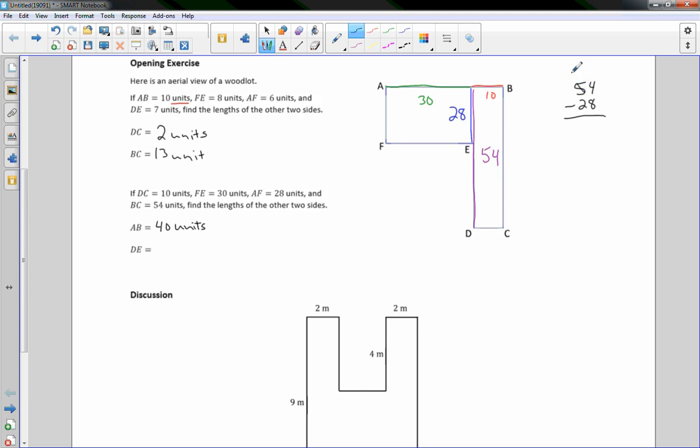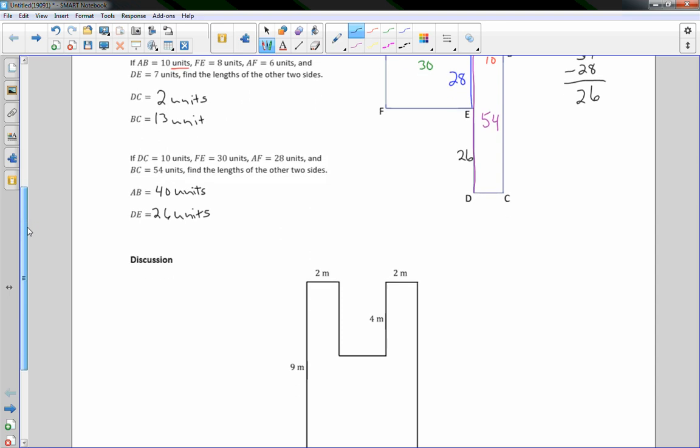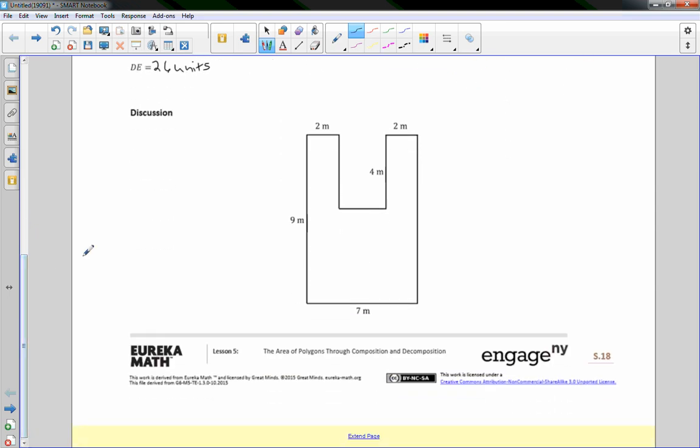So if I subtract or borrow from here, 14 minus 8 is 6, 4 minus 2 is 2. Therefore, this piece has to be 26. So therefore, this is 26 units. Okay, so that is what they mean by composition and decomposition.